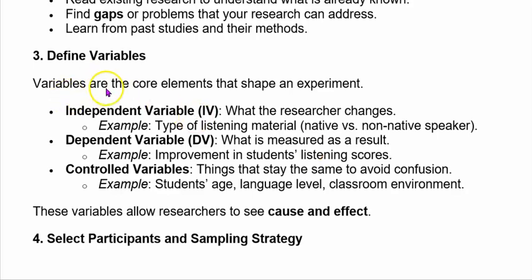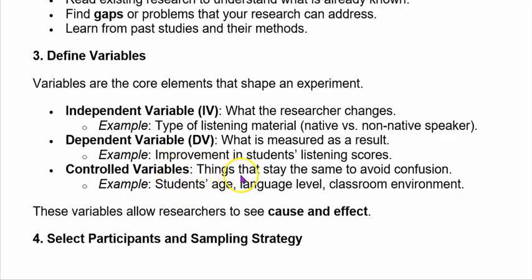3. Define variables. Variables are the core elements that shape an experiment. Independent variable, what the researcher changes. Example, type of listening material, native versus non-native speaker. Dependent variable, what is measured as a result. Example, improvement in students' listening scores.